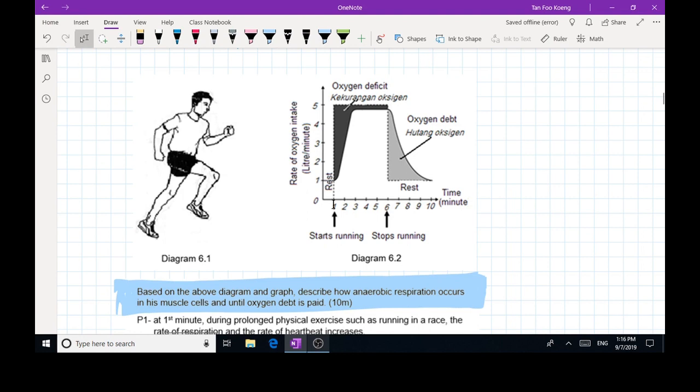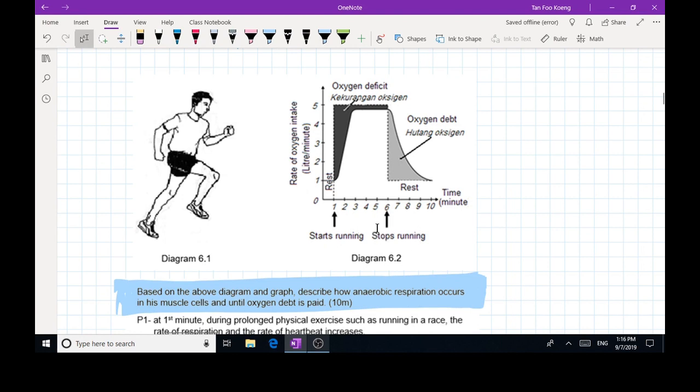But when he starts running, the oxygen demand increases suddenly, but the oxygen supply by the lungs needs some time to keep pace with the oxygen demand. That's why there is a lag here. This part, which is shaded black, is the oxygen deficit. This is when the body cells have to carry out anaerobic respiration, and the byproduct, as we know just now, is lactic acid.